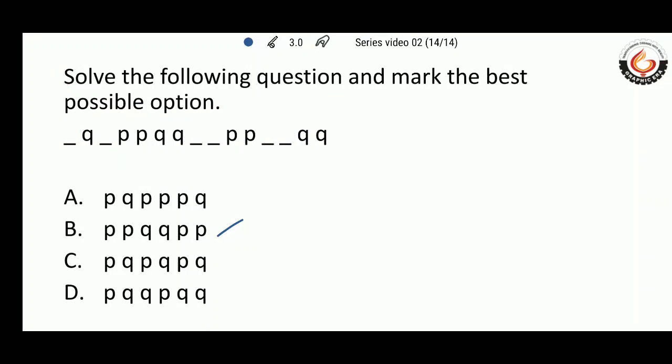Let's check the third one. P, Q, P, Q, P, Q, P, Q, Q, P, P, Q, Q, P, Q, P, P, P, again not a good one.